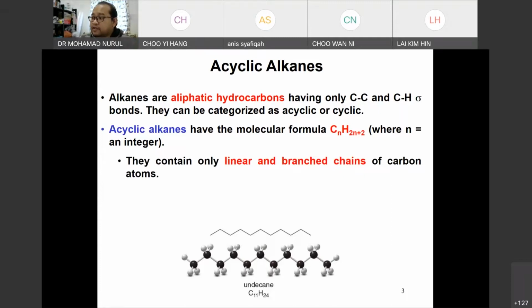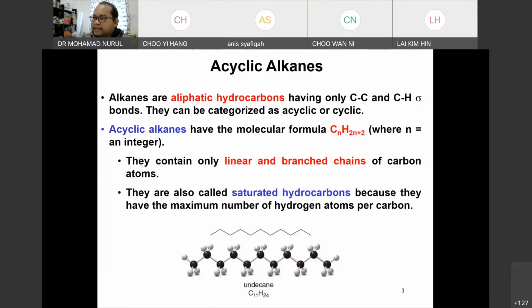carbon chain. So for example, this is undecane. They have 11 carbons, okay, and they are also called saturated hydrocarbons because all carbons are already occupied with hydrogens, and that's why the molecular formula is CnH2n+2.